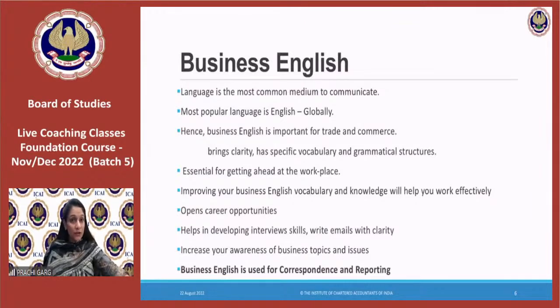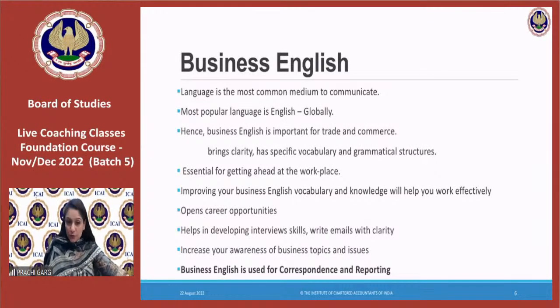If you don't know English, there are still places where you can apply, but if you know English, you have more opportunities. And not only in your own country. If you know this language, you can apply outside the country as well, of course. And if you do not know this language, then how will you apply? So that limits your career opportunities.